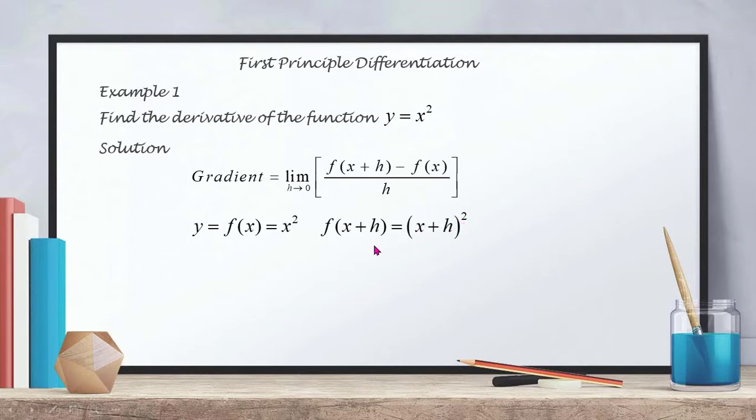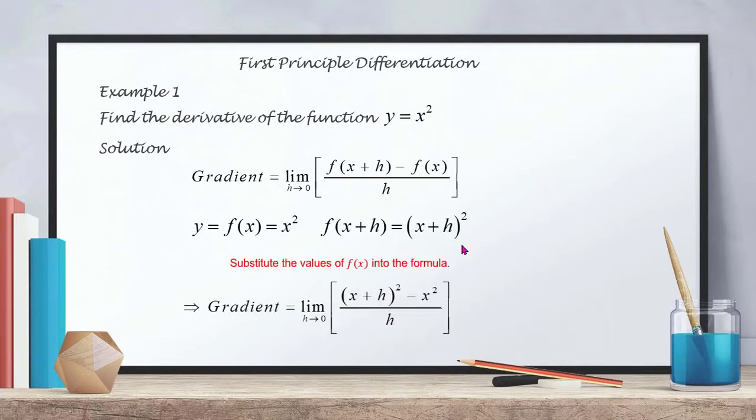Let me explain that again. Let us suppose the value for x here was 1, and then it increases by 2. So the new value here will be 1 plus 2, which will give us what? 3. So 3 is the value of x that we're going to replace there, which will be 3 squared. So we're going to have the new value as x plus h squared.